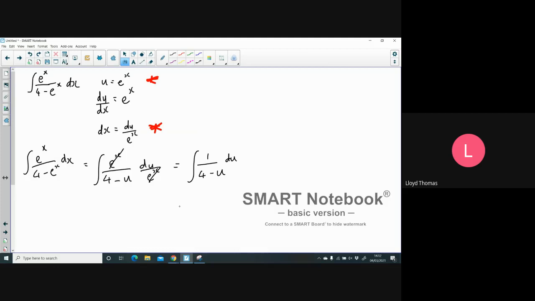Okay, so on the previous slide, we discussed how to integrate a fraction like this, where the term I'm differentiating with respect to is on the bottom. It is ln of 4 minus u, but I need to divide by the differentiation of this bit here.